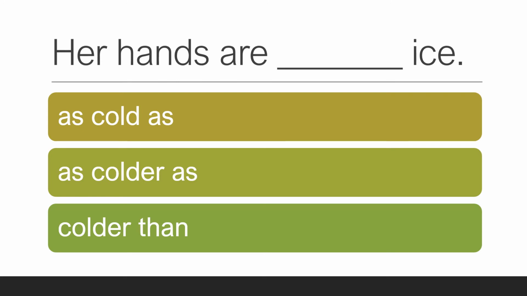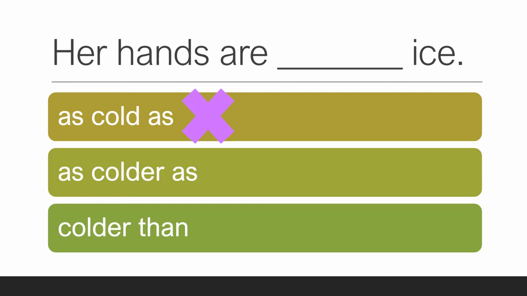What do you think is the correct answer? Remember that the adjective has to be in the simple way. We don't have to add anything to make it with "as". So what do you think is the answer?